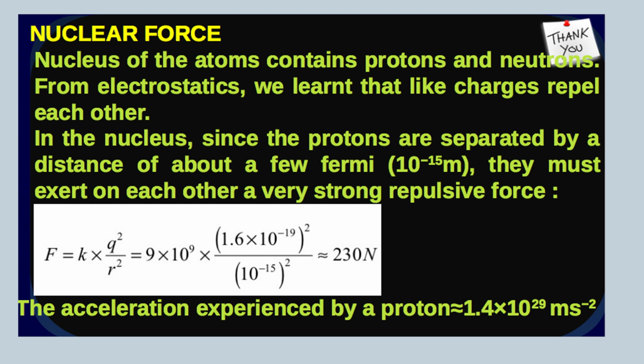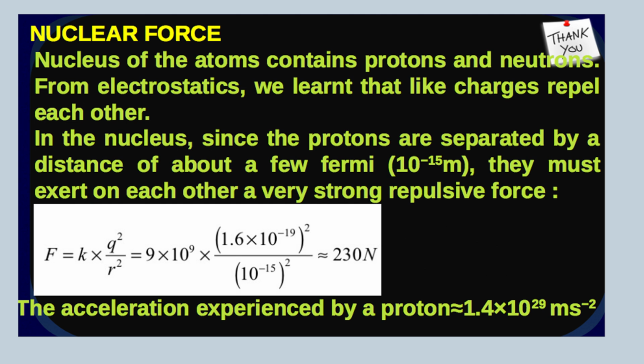Now, the nucleus of atoms, as we know, contains protons and neutrons. We also know that protons are positively charged, and from electrostatics we learned that like charges repel each other.